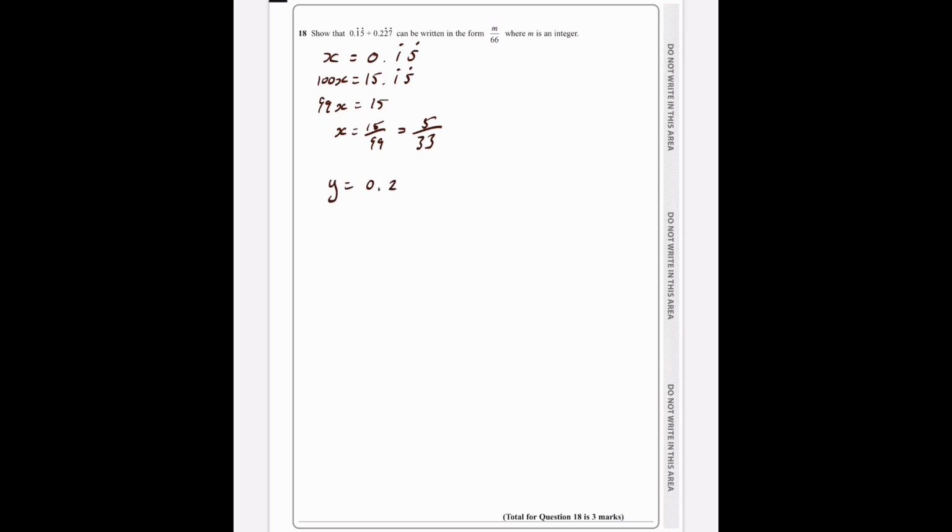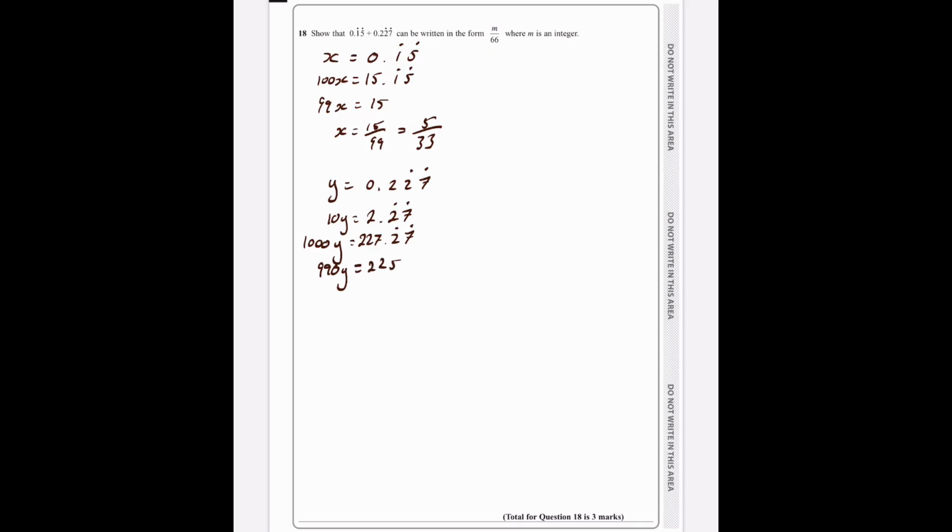For y equals 0.2, then 27 recurring, I'm going to multiply by 10 first to bring the recurring part up to the decimal point. Then there's 2 recurring digits, so I'm going to multiply both sides by 100. So that will leave me with 1000y being equal to 227.27 recurring. We can then subtract 10y from 1000y, giving us 990y.